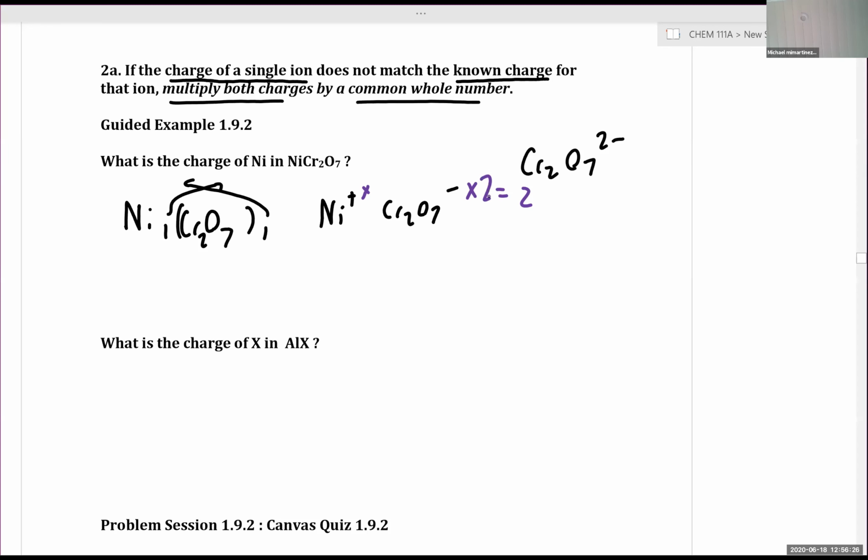Yep. Now the key thing, because ionic compounds are charge balanced, you're going to multiply both of your charges by 2. That in turn gives us nickel 2 plus and dichromate with a 2 minus charge. And everything is right with the world. Dichromate has the correct charge matching its known charge in our table of polyatomic ions.